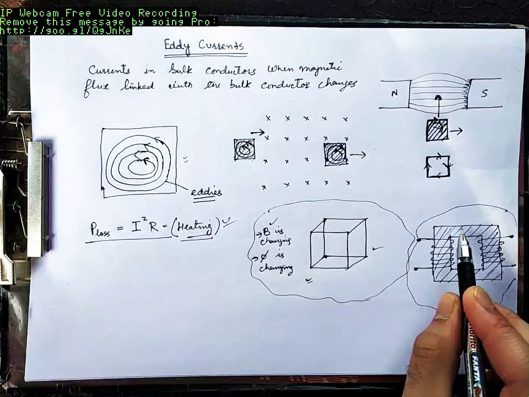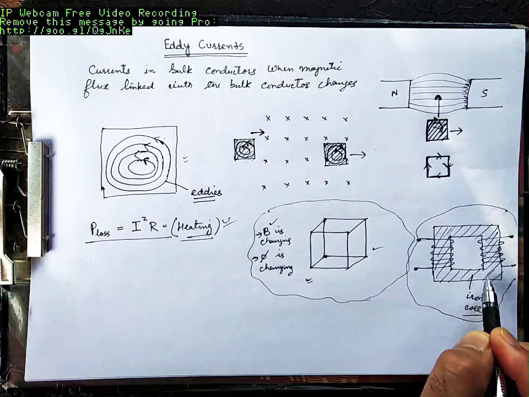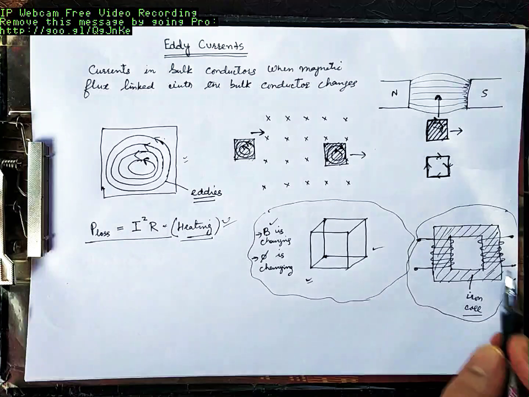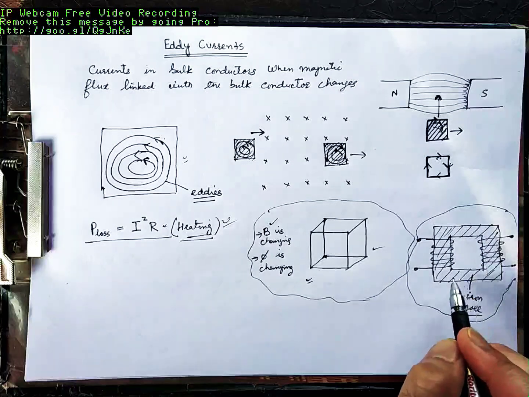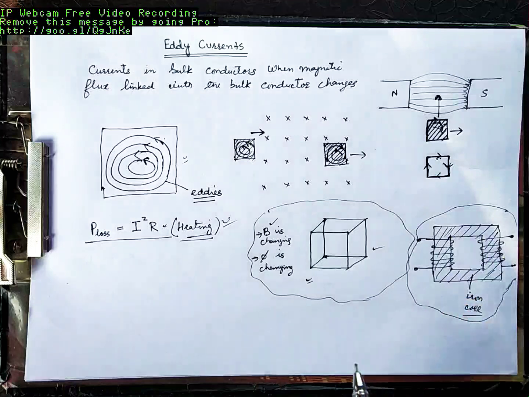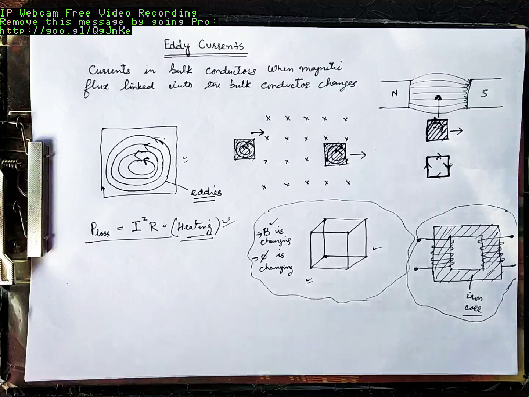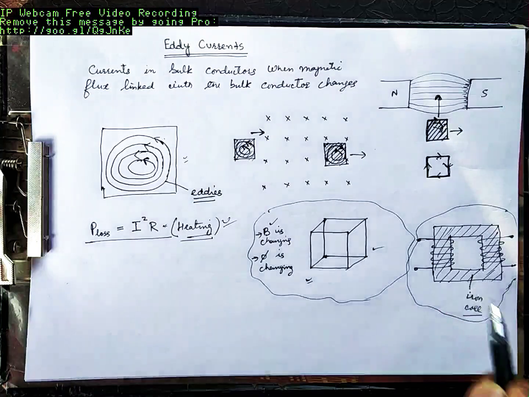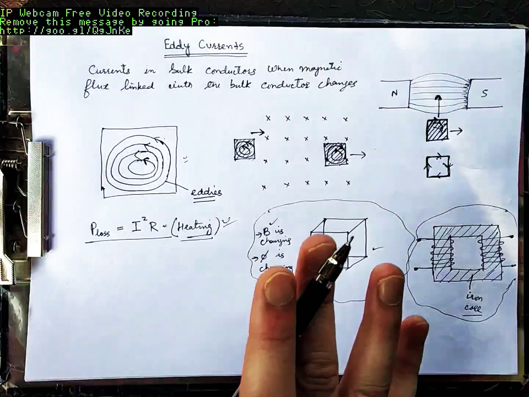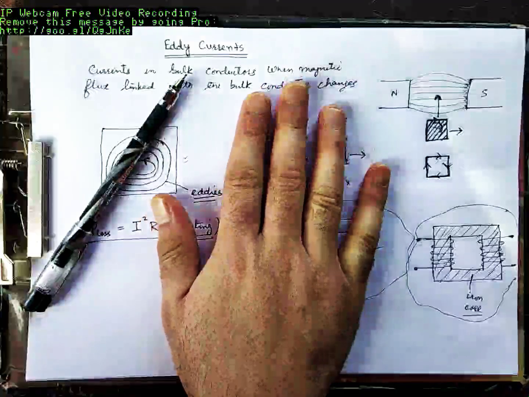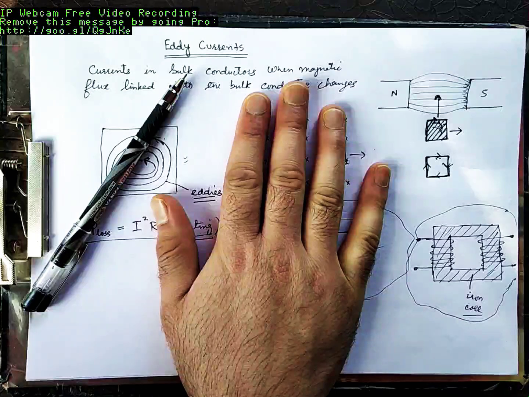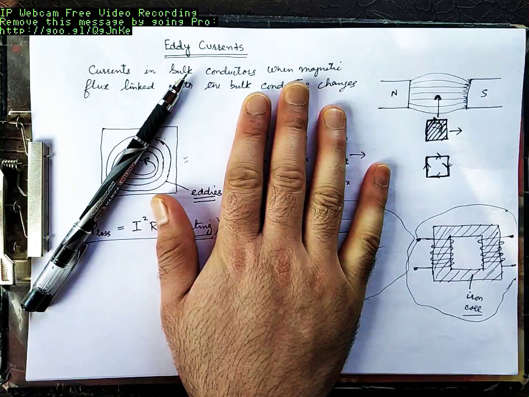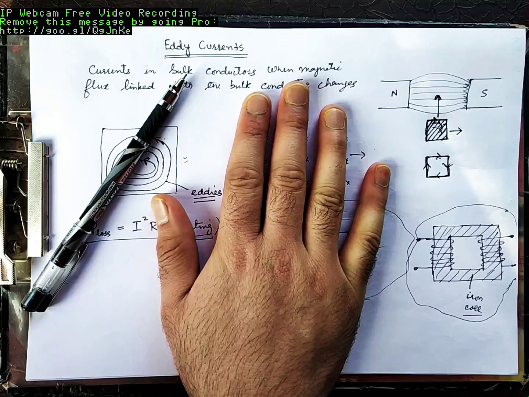And because of the eddy currents in this solid iron core, there will be heating of the core. This is one of the reasons why, if you touch the transformer, you'll experience that it is hot, or you can say warm.